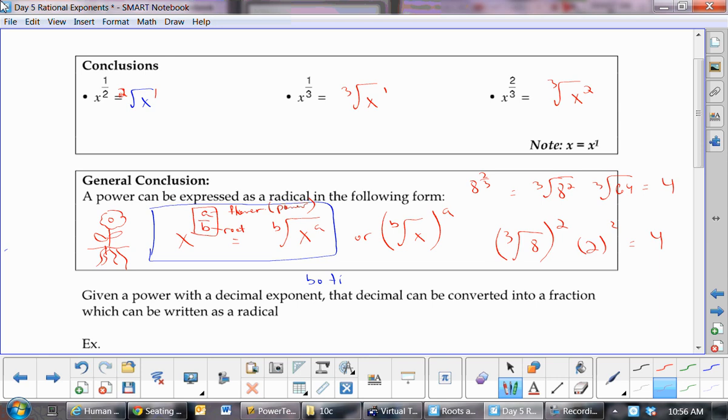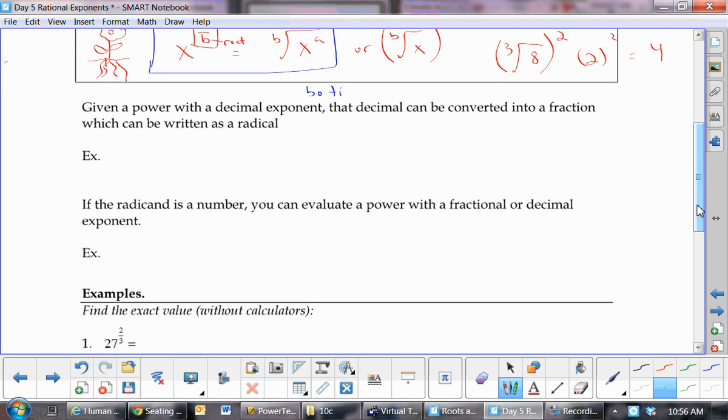Okay. Let's do some examples. Give a power with a decimal exponent that can be converted to a fraction and then to a radical. So what if we did the example of 1.2? Now, can everybody put in their calculator 1.2 math, enter, enter. 1.2 math, enter, enter. 6/5.